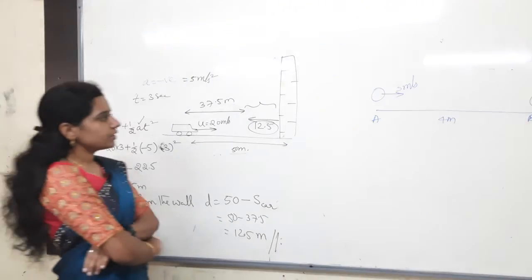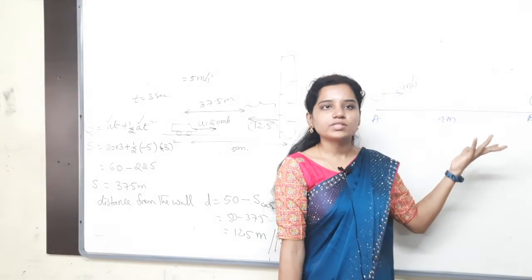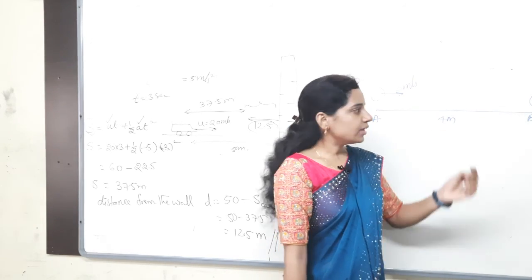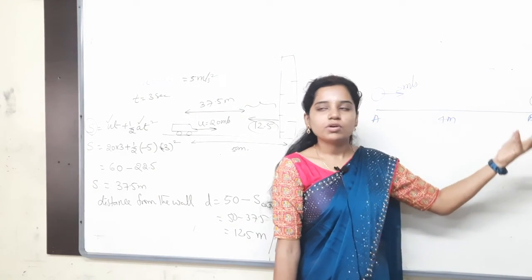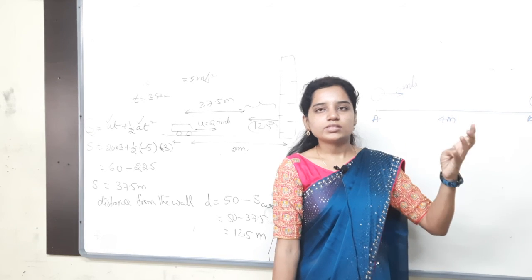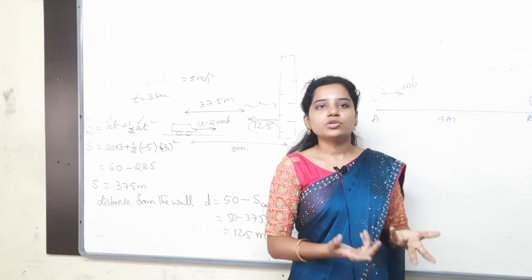Initial velocity given, final velocity given, distance given, acceleration is what? What formula can you use? V square minus u square equals 2as. Then for time, with velocity initial, final, and acceleration known, the formula is v equals u plus at.